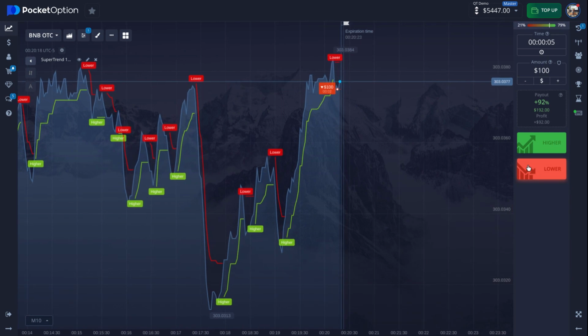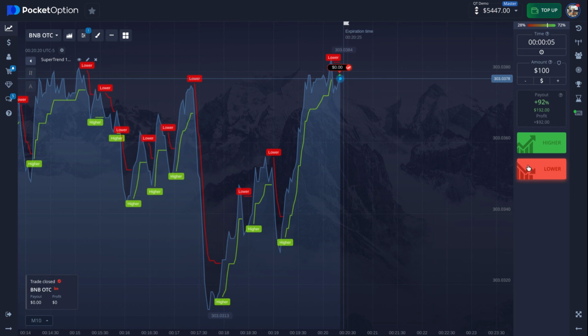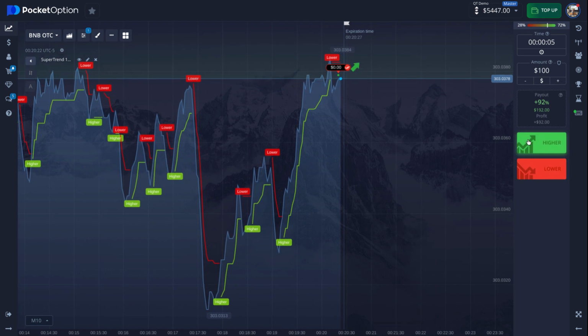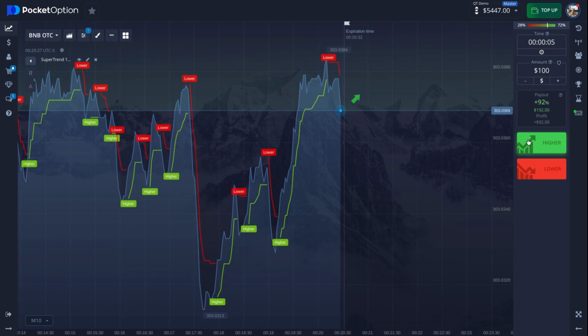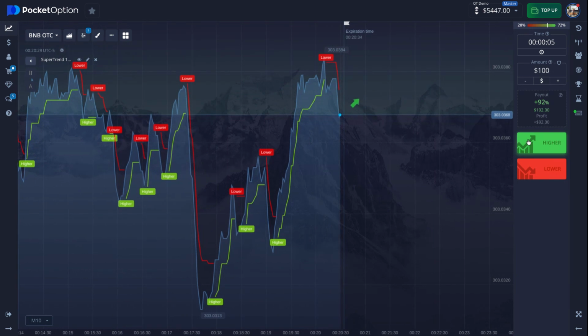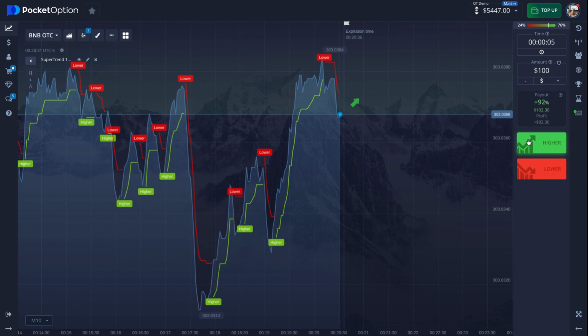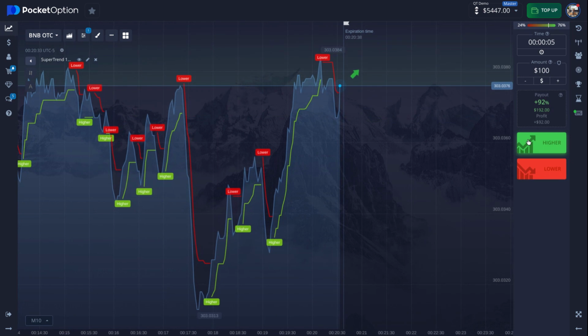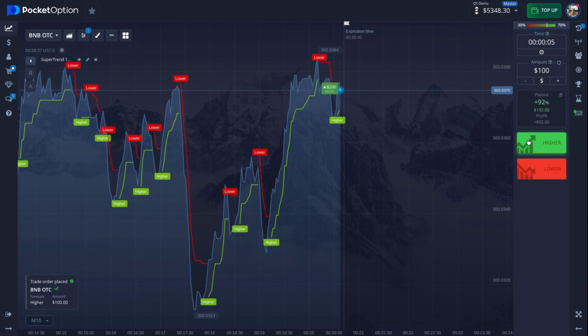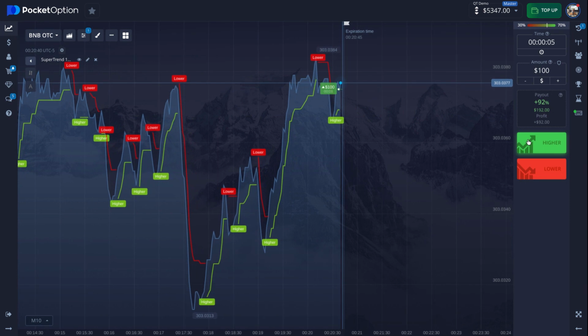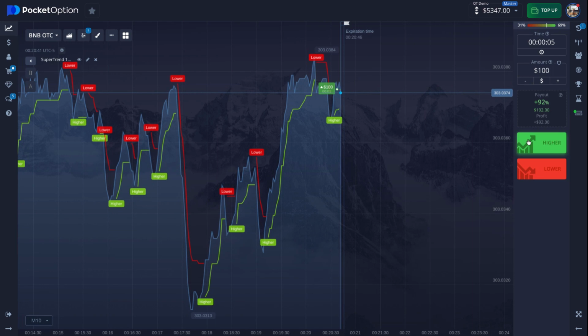Okay, we took one down. We lost that one. So 2 and 1 is our score. And we're just observing the behavior in detail here with the line charts. I feel like that was a good entry, but there's no guarantees.